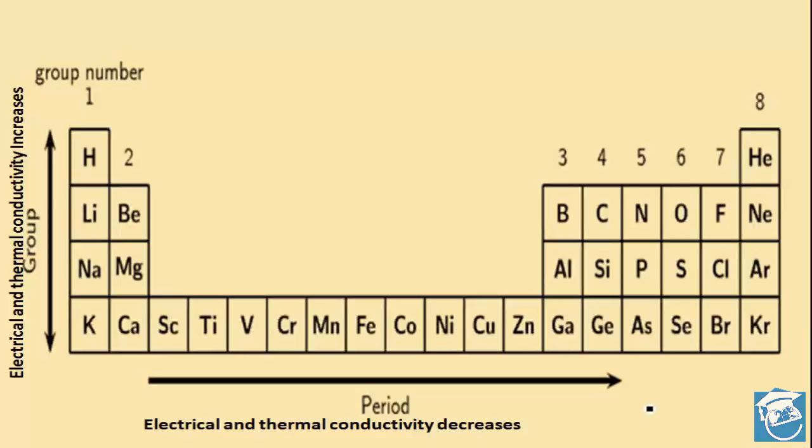And when we talk about the groups, when we move from top to bottom, generally the electrical and thermal conductivity increases as the metallic character increases. But yes, we have certain exceptions also, by which not all groups follow these trends.